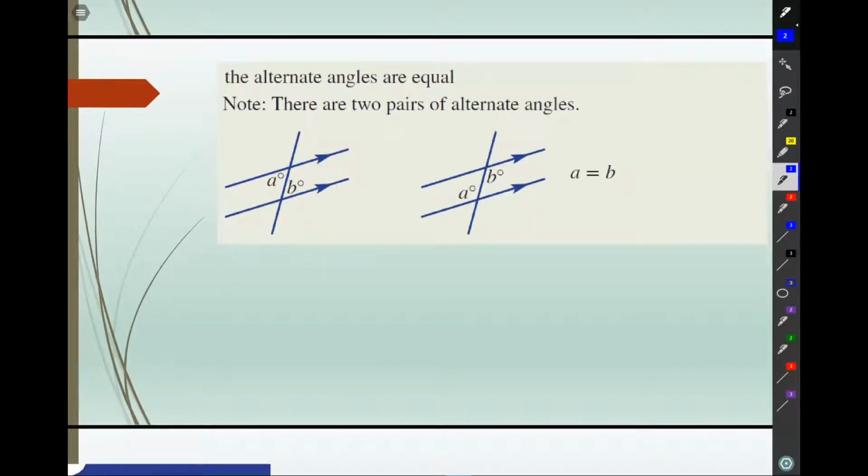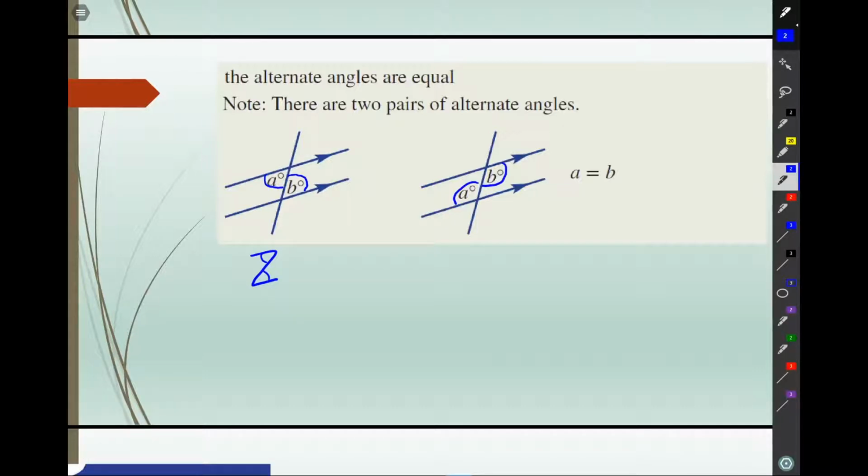Okay? These are shown here in the diagram. What I want you to use to remember these sets of angles is the letter Z. This angle and this angle are equal.